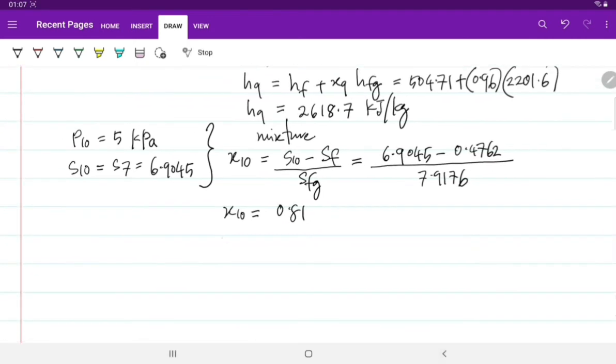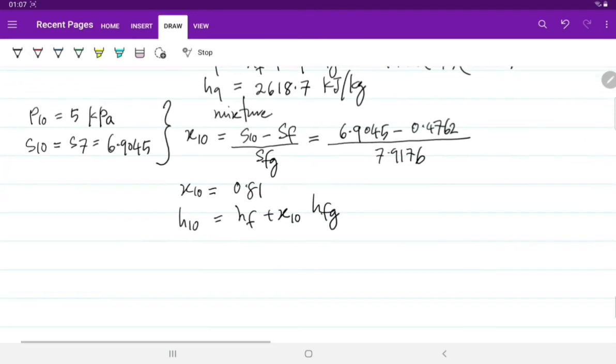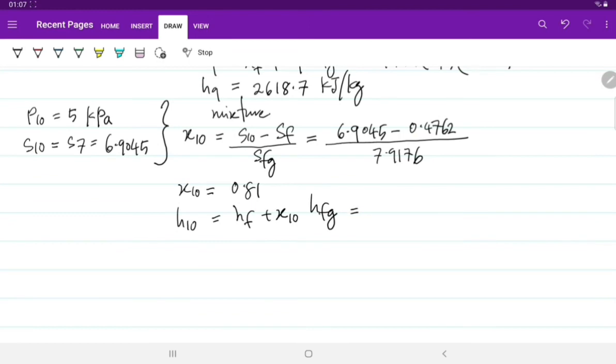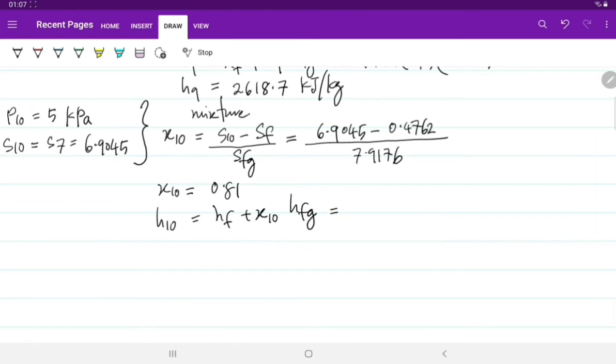Then you can find H10, which is defined by HF plus X10 HFG. Okay, everything is from the steam table.